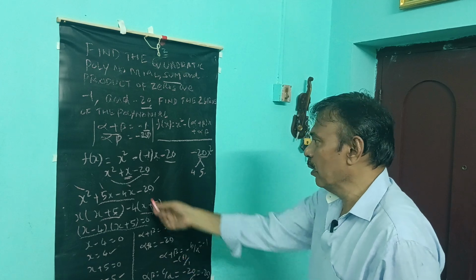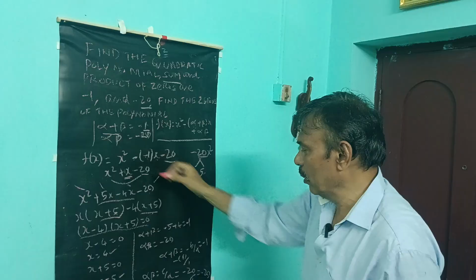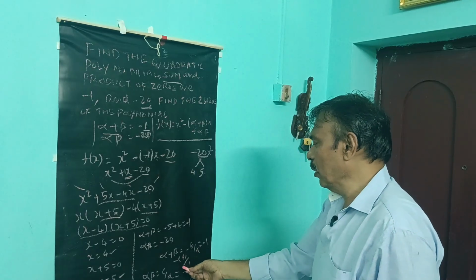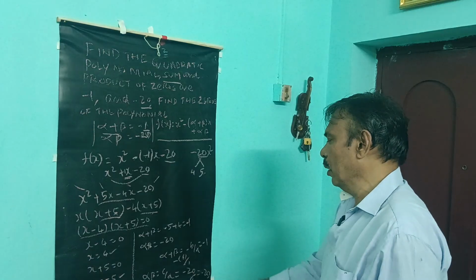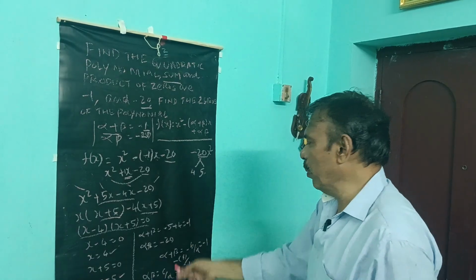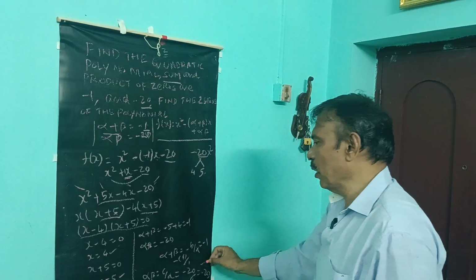So alpha plus beta equal to minus b by a equal to minus 1. Alpha beta equal to c by a, so c is minus 20, so it is minus 20.